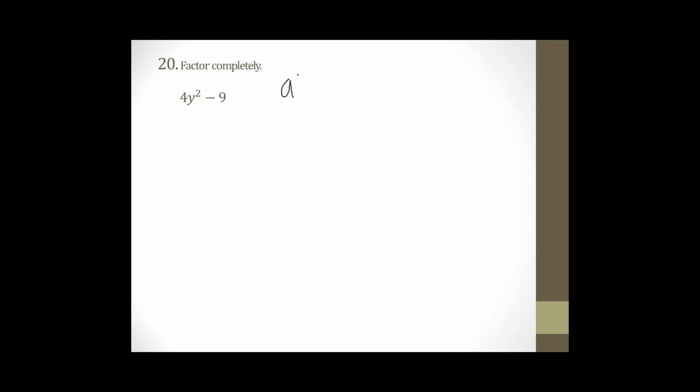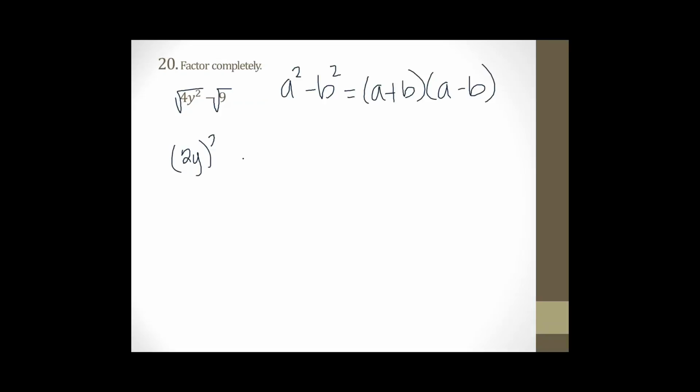We're going to use a squared minus b squared equals a plus b times a minus b. So if we take the square root of each term, that will give us the base for each term in a squared minus b squared form. So the square root of 4y squared is 2y. So that's my a, because 2y squared is 4y squared.